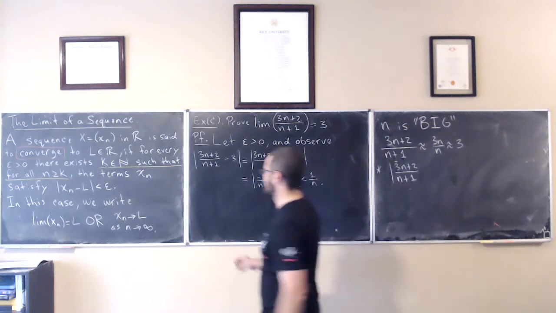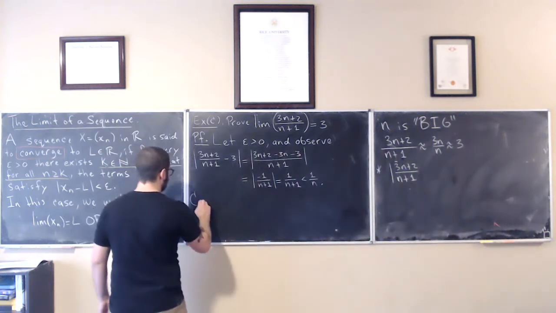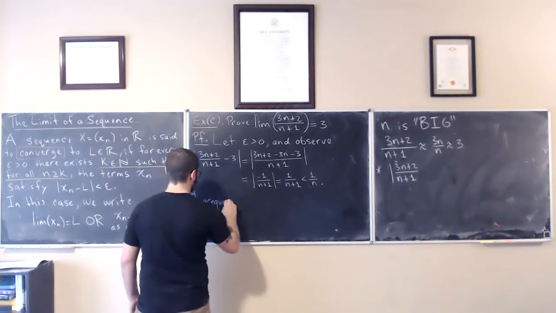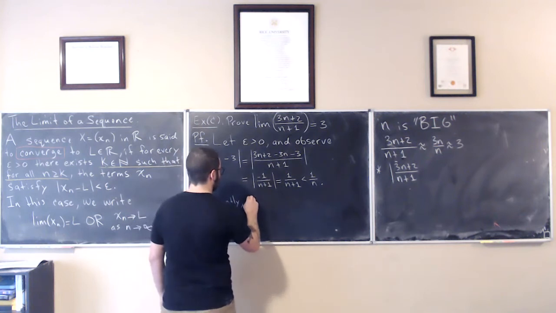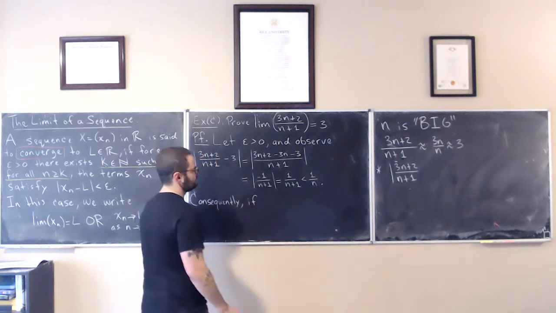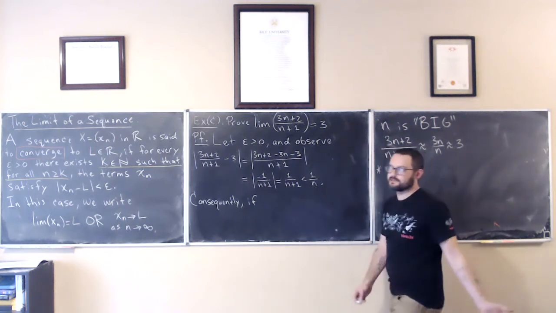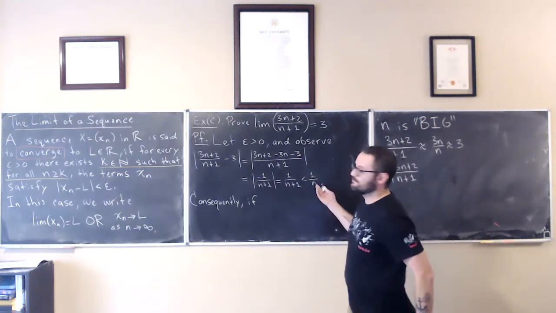So consequently, we just need this to be less than epsilon whenever n is greater than or equal to k. And we've been doing this game with the past 2 examples.